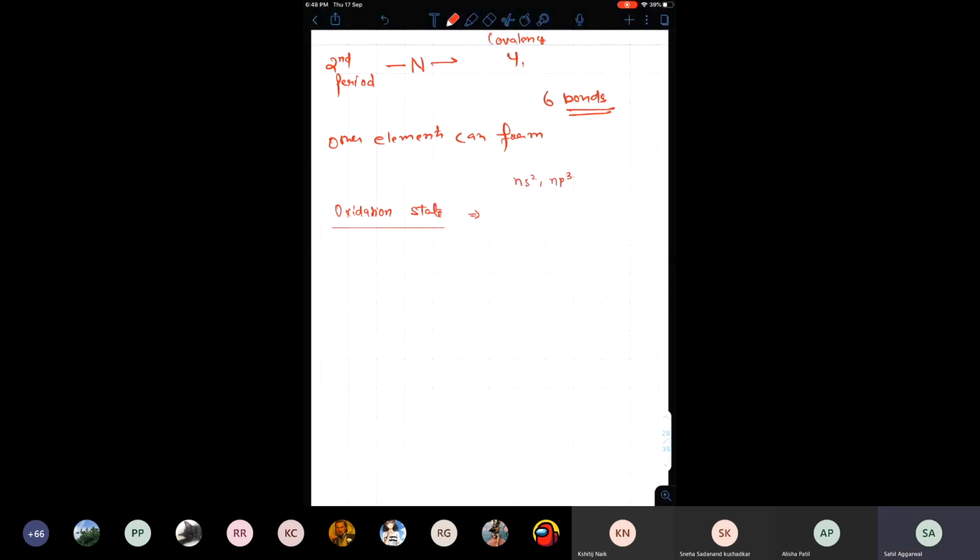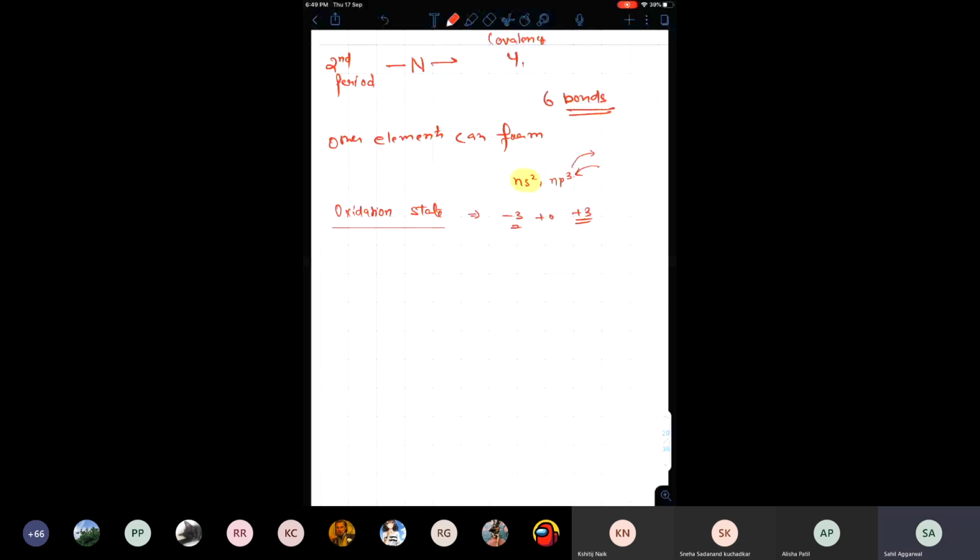So either they can lose 3 electrons to attain noble gas configuration, or they can add 3 electrons to attain noble gas configuration. So oxidation state is from -3 to +3.